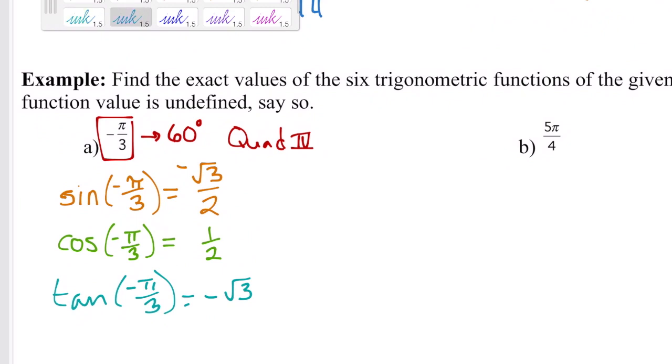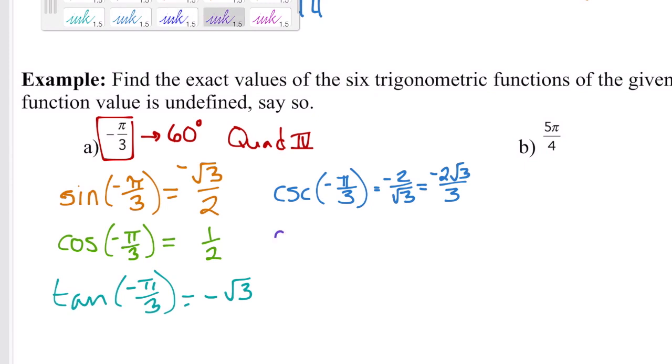So now I'm just going to do all the reciprocals. So then I have cosecant, negative pi over 3. And so what I would end up doing, negative 2 over square root 3. And then when I rationalize it, we would have negative 2 square root 3 over 3. And then I have secant for negative pi over 3, and that's the reciprocal of cosine.